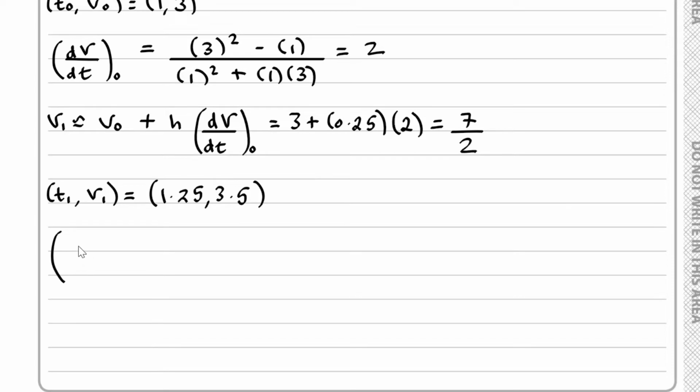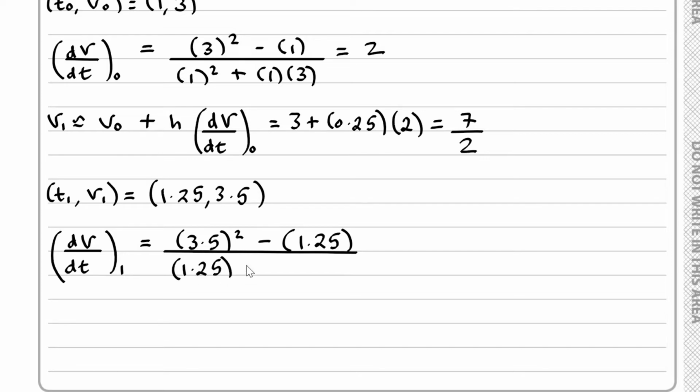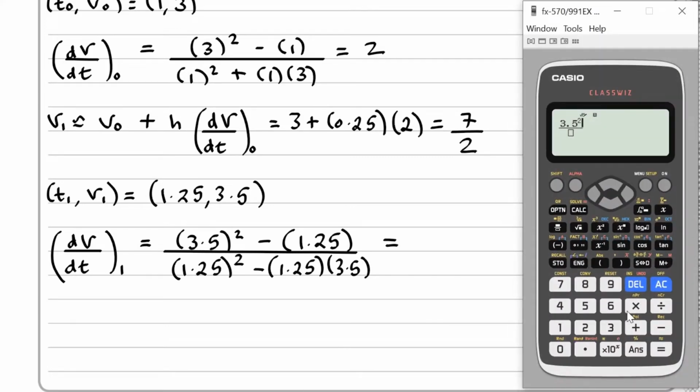So we have dv over dt1 equal to 3.5 squared minus 1.25 over 1.25 squared plus 1.25 times 3.5.